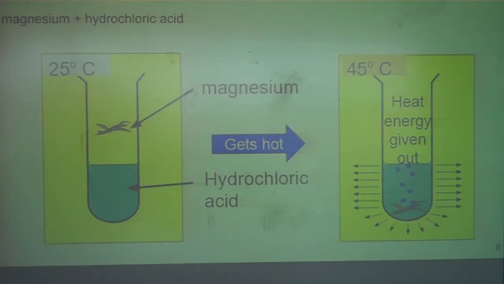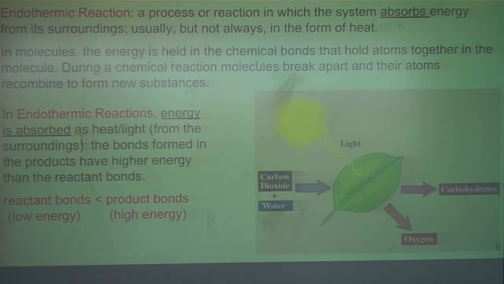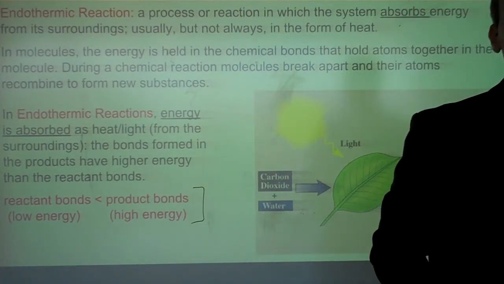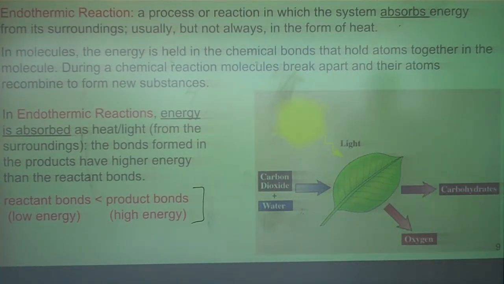Okay, now here is endothermic. A process or reaction where the system absorbs energy. You've already seen this before. The key point here is bond energy again. The reactant bonds have lower amounts of energy than the product bonds.